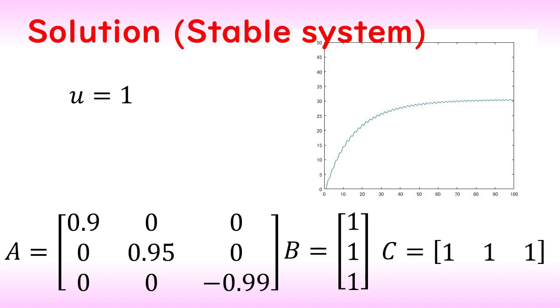This is a case of third-order system, and A, B, C are given as a matrix and vectors for state space model. In this case, by using u equal 1 as a step signal, we obtain the output like this.